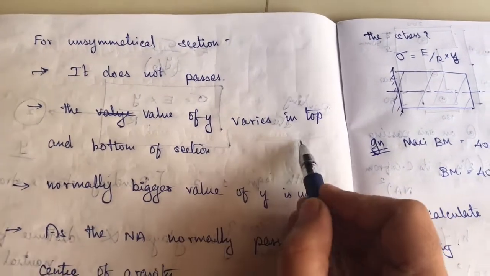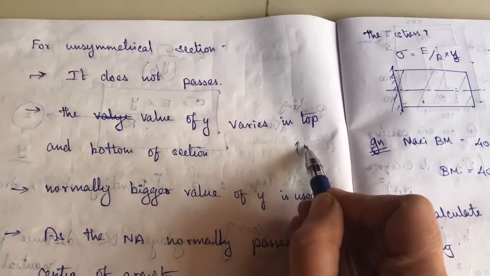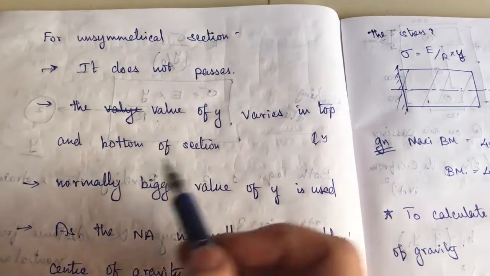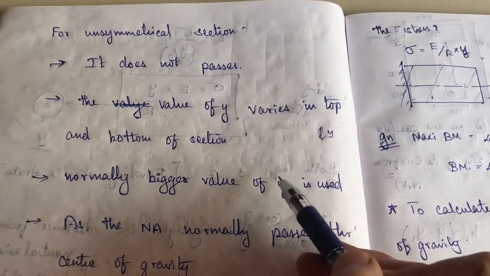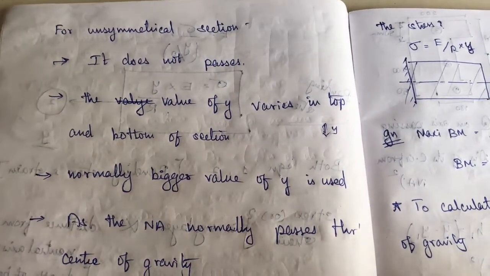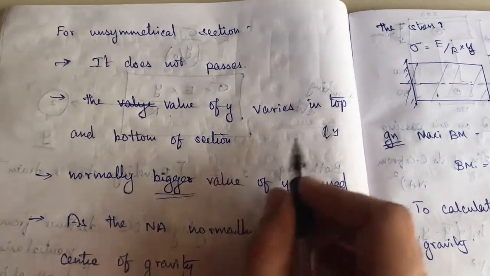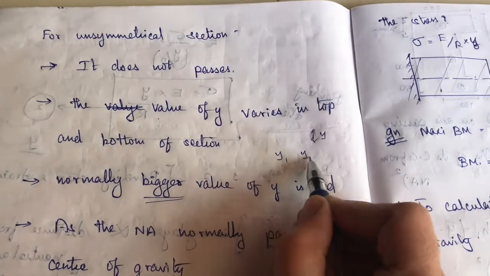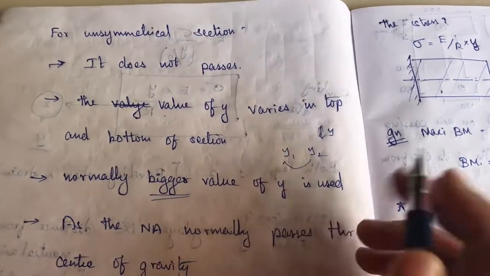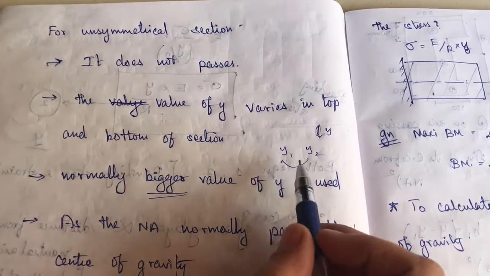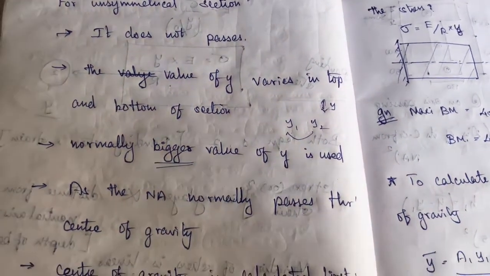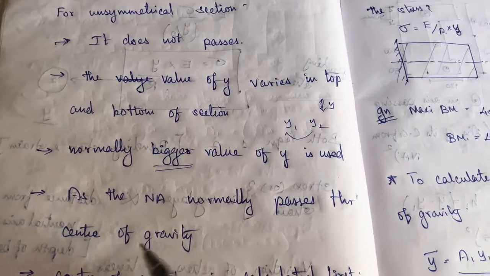So the value of y varies in the top and bottom of the section, and normally the bigger value of y is used. We will have two y's, so we take the larger one and use it in the calculation.